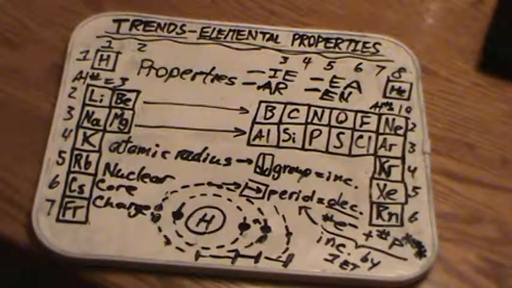And this again just represents the increase in that nuclear pull on the electrons, that positive charge in the nucleus, as the number of protons increases.